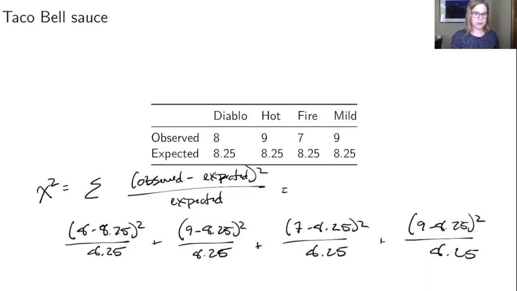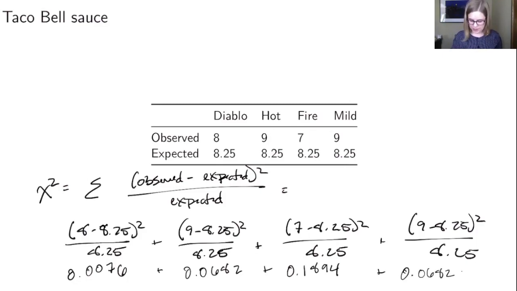So now, as always, we've got lots of arithmetic to do. All right, and then I just need to add all those numbers up, and I get 0.3334. So that's my chi-squared statistic for this Taco Bell example, 0.3334.